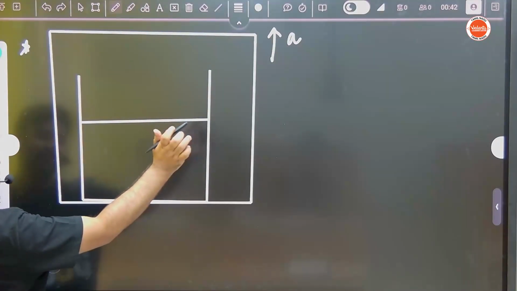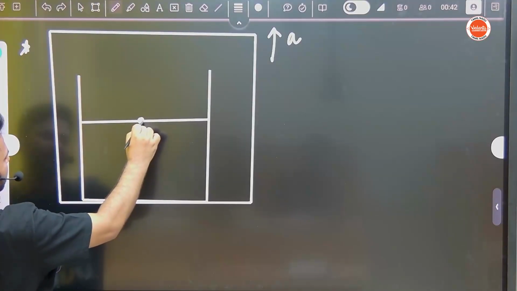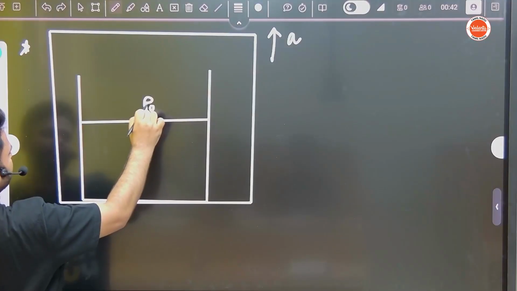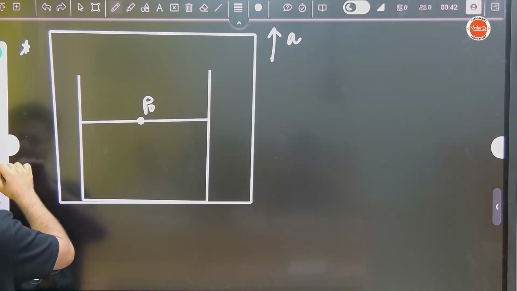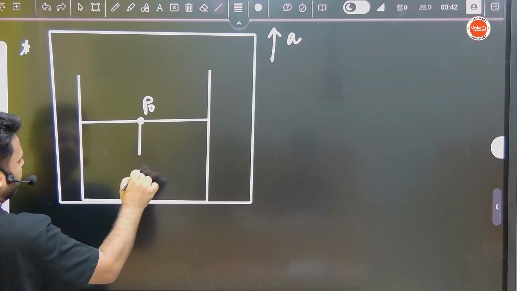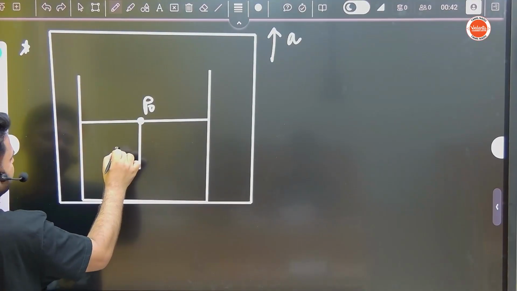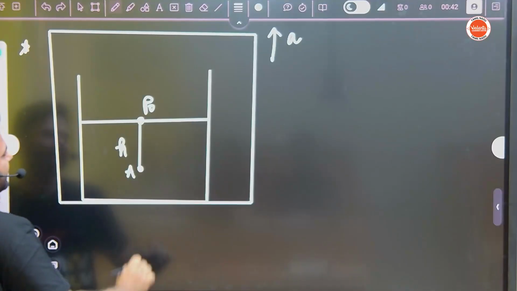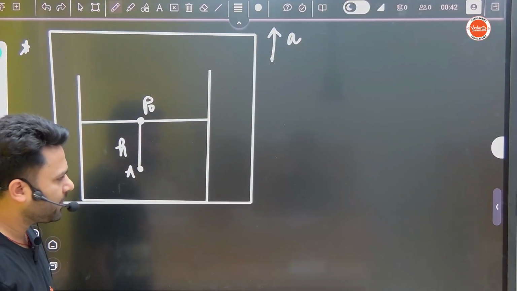Again, be careful. There is a point here. Here pressure is P0, suppose. At a height h, means at a depth h actually, there is a point A. They are asking what is the pressure at point A.